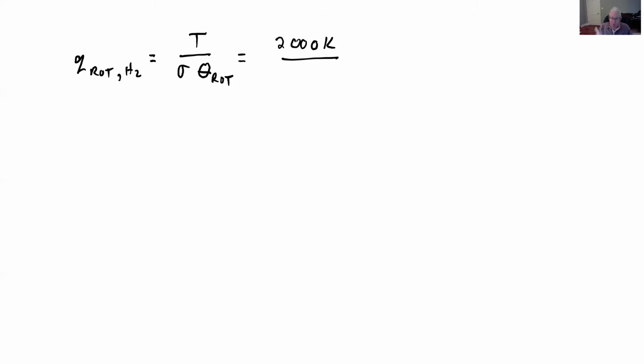So we can flip it one way or the other, and you can't tell those apart. So that means this is 2, and that parameter was 85.3 Kelvin. So the rotational partition function here comes out to be 11.723. My notes tell me.